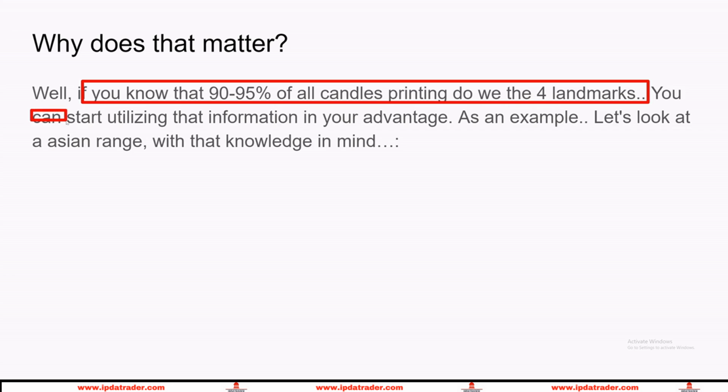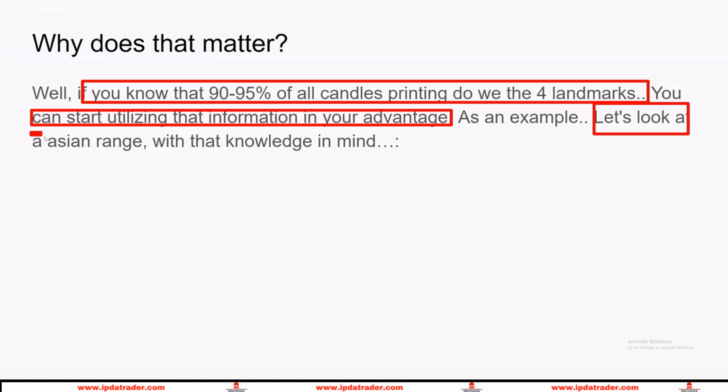You can start utilizing that information to your advantage. As an example, let's look at an Asian range with that knowledge in mind, right? This is what we're going to be essentially focusing on right now. We're going to be looking at an example of an Asian range having that foundation of candlesticks in mind.